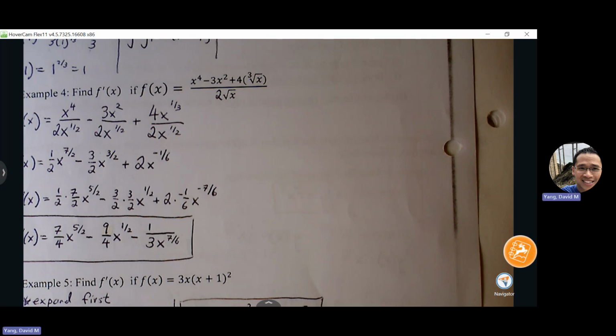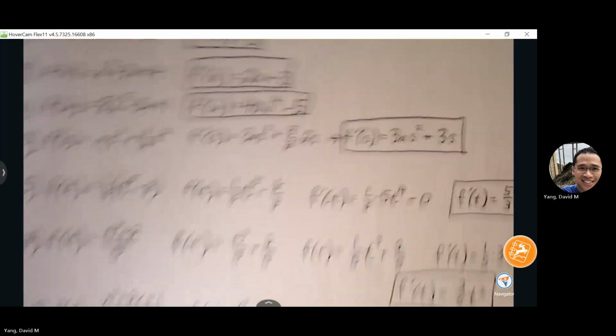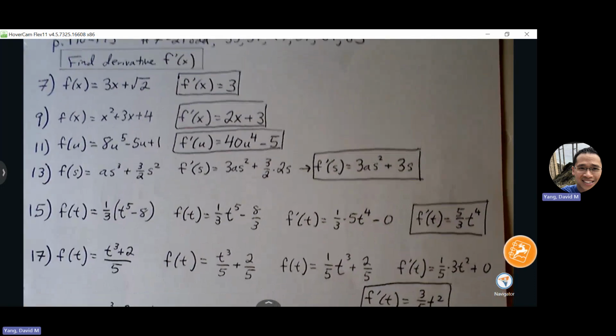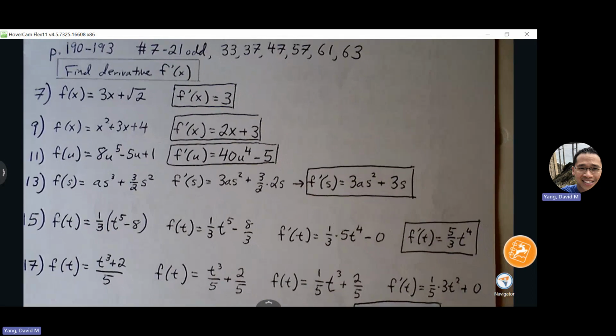Okay, you guys have quite a bit of homework, so if you guys can start on your homework, I will put the key up here so that you guys can see for the first few problems and you guys can kind of work through. So check your calendar, page 190 to 193.